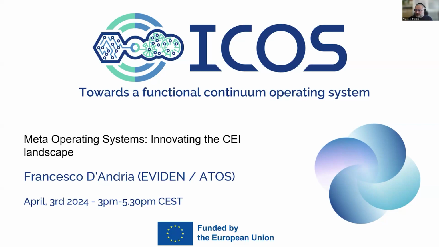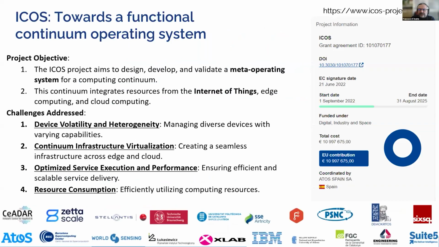So, going straight to the point, let me just introduce the project. I will be quick on this, since most of this information is shared with our twin projects, so many of those details are very well known.